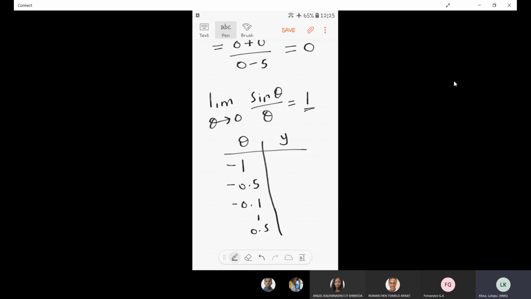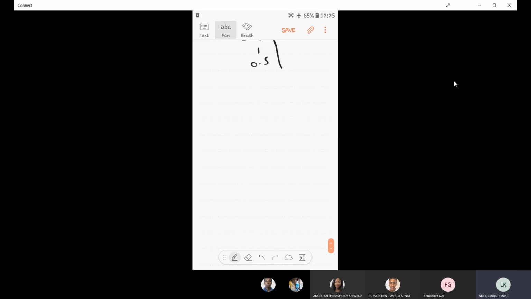And then the same thing with this one. This is actually an interesting one: the limit as n approaches infinity of 1 plus 1 over n to the power of n is actually equal to e. So the natural logarithm e, that is an interesting one. So try substituting values that are getting bigger. You start with n, and then you look at your y.